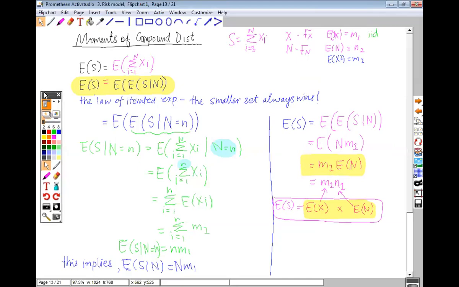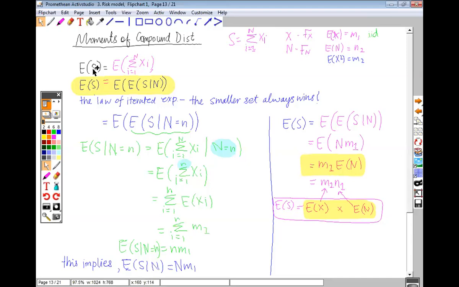Revising a bit from the previous lectures, we saw something about the moments of compound distribution. Whenever I'm talking about a compound distribution, I have my S defined in terms of a continuous random variable and another random variable which takes discrete values.